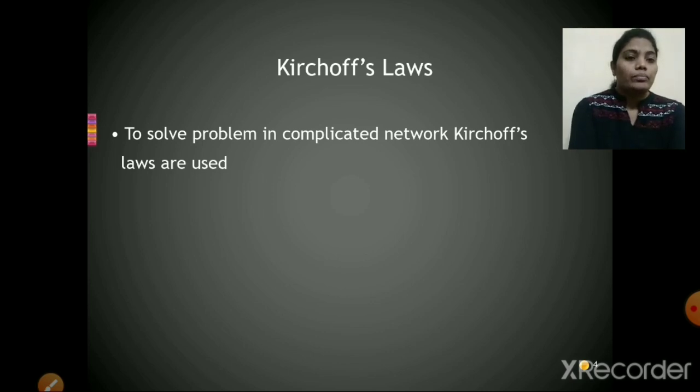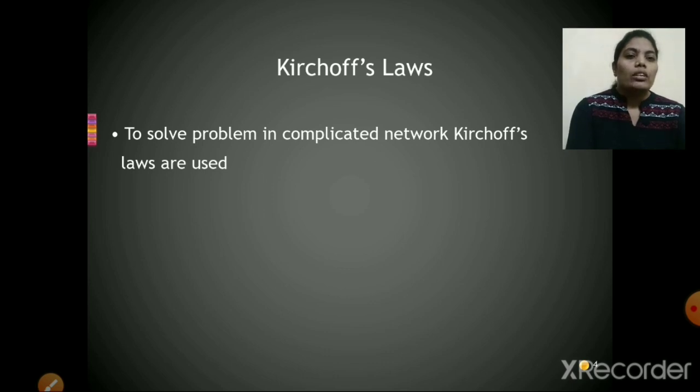But if an electrical circuit is to be studied, Ohm's law alone is not enough. By using only Ohm's law we cannot measure the amount of current passing in the circuit, or the potential difference present in the electrical circuit.